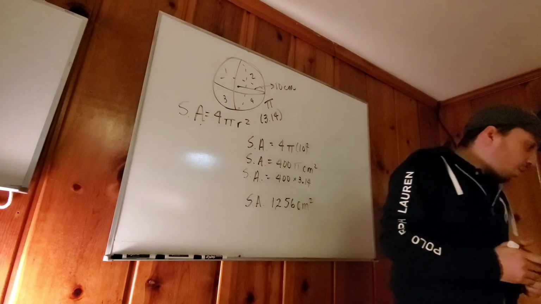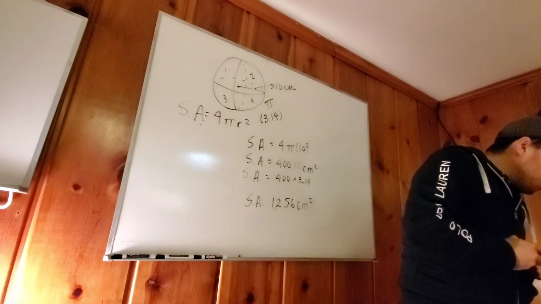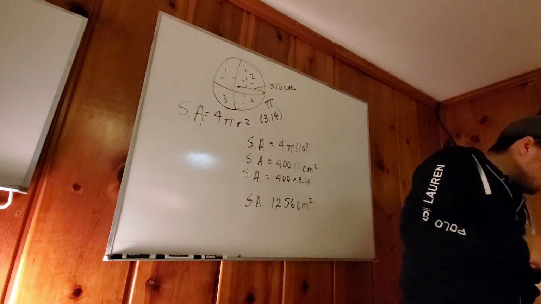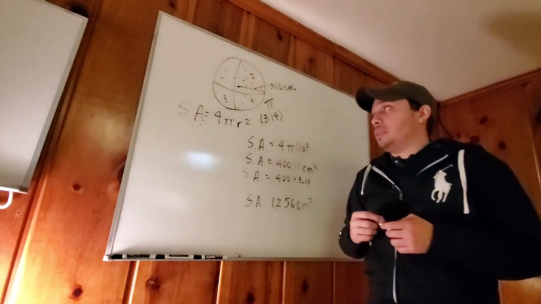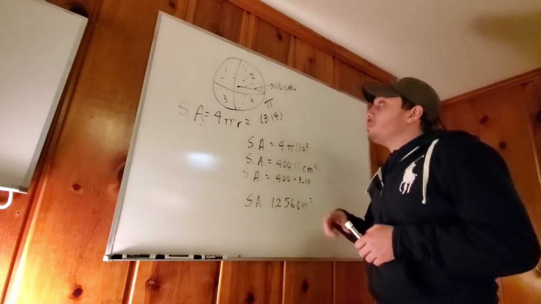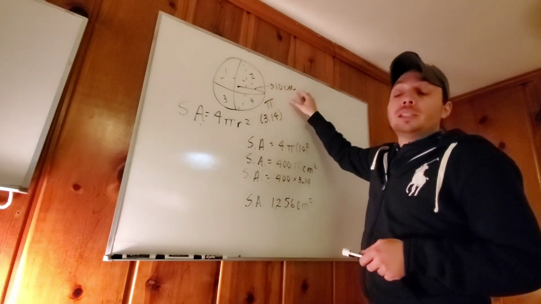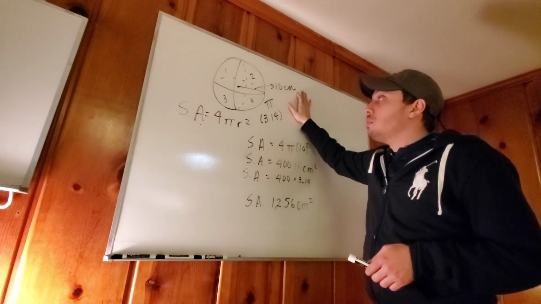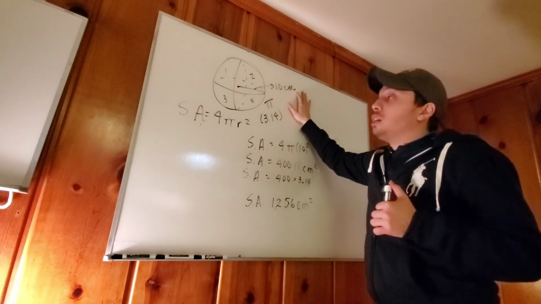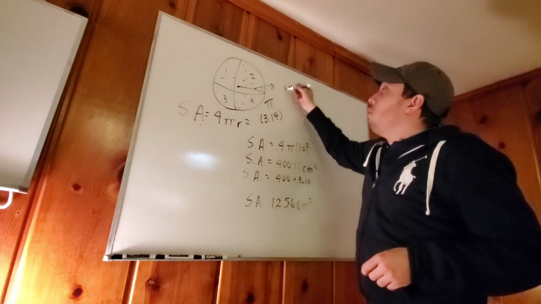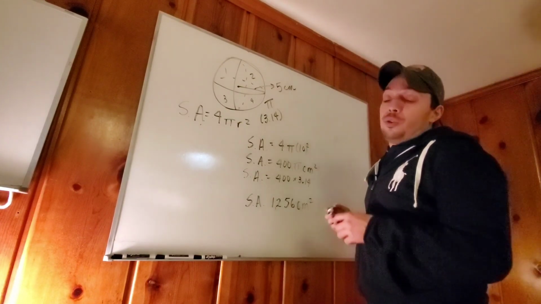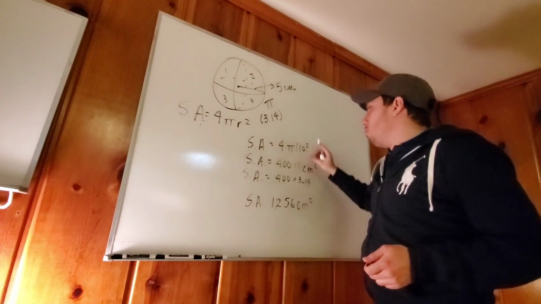Now let's check with our book. I did it right for my example, because in my example it said that it was 10 centimeters for the radius. What I didn't realize is that for the example in the book, it's going to be 5 centimeters for the radius because the diameter is 10.